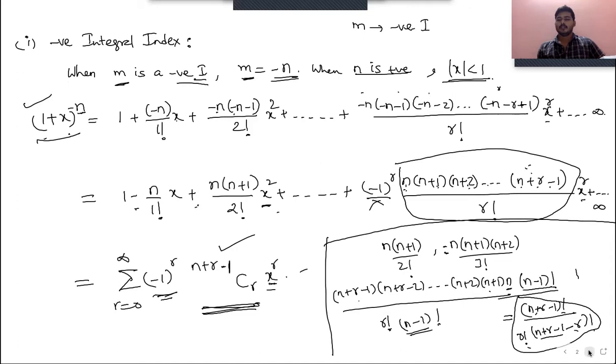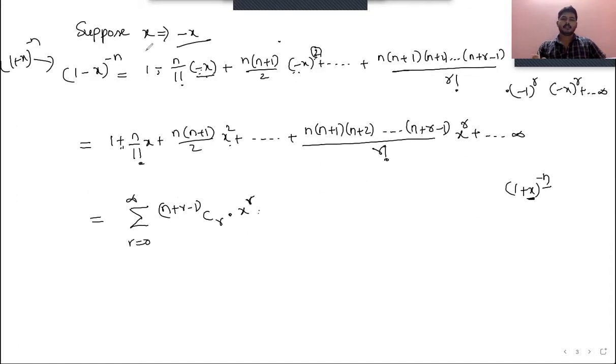So when x is also minus x, all the terms will become positive, and everything else will be common, because n into n plus 1 into n plus 2 up to n plus r minus 1, nothing will change from the previous expression, because we are only keeping x equal to minus x.